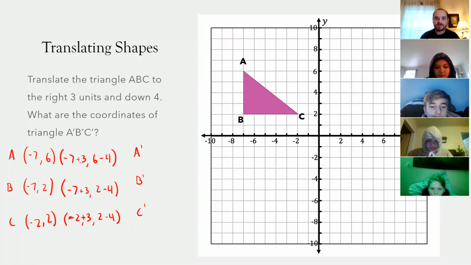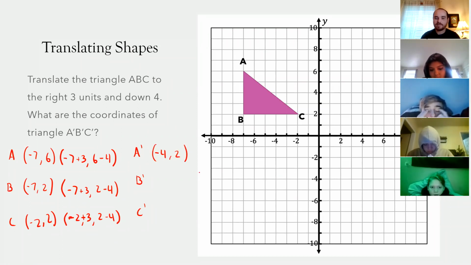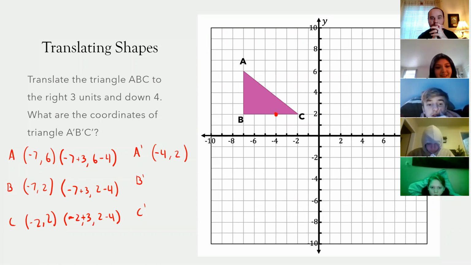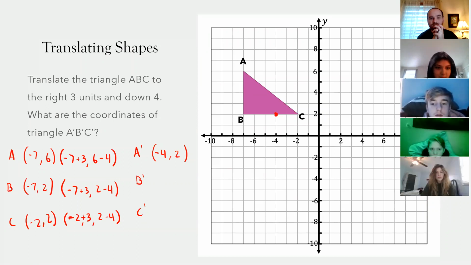So -7 plus 3, that's going to be -4. 6 minus 4, that's going to be 2. So A prime is going to be at -4, 2, which we can mark right here. What is B prime going to be at? Anybody? -4 and -2.